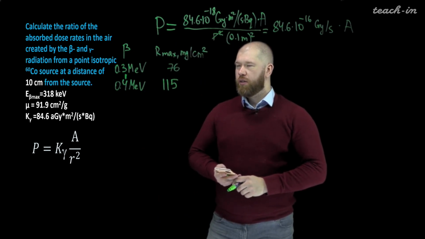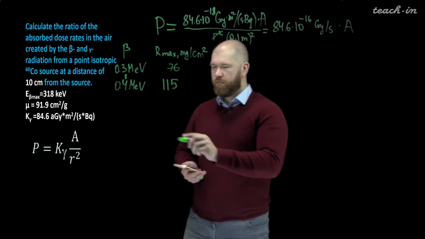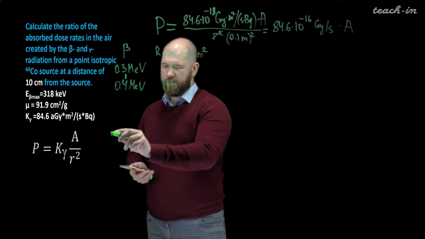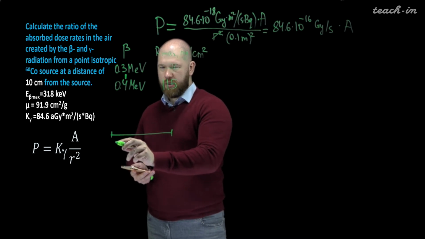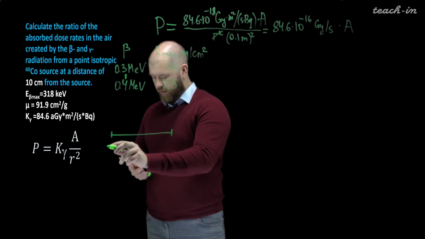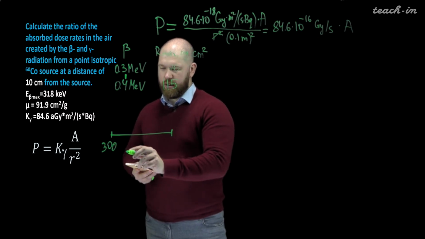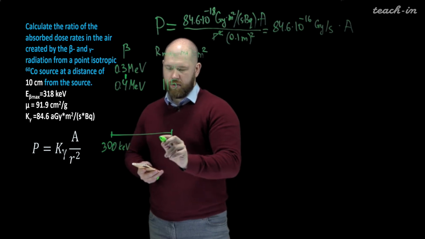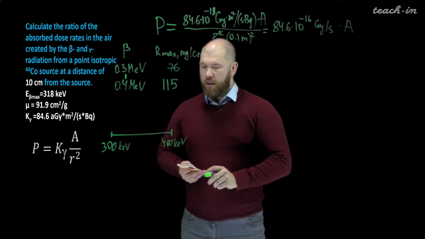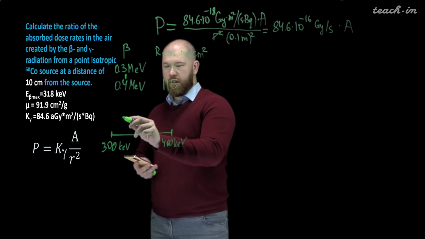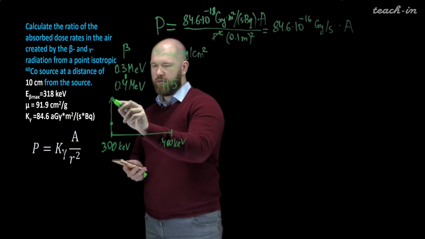And we can easily recalculate it as following. We know, so it is our range from 0.3, or let's write it as kilo electron volts, to 400 kilo electron volts. And we know that the maximum range is going, it's like a graph, yeah?